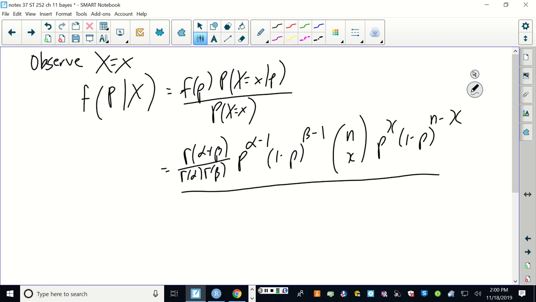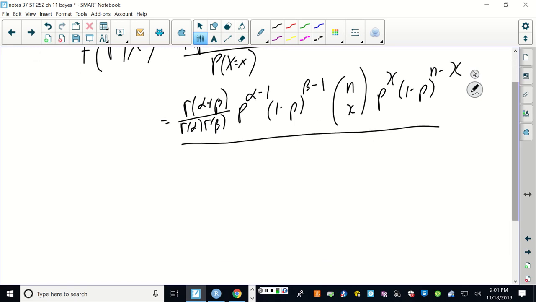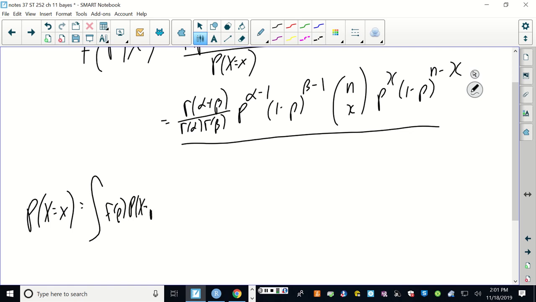Of this thing, right? These get a little bit longer to write out, but it works out. The denominator is that same thing, but you integrate out p. The probability that x equals something is going to be the integral of f of p, the probability that x equals x given p, dp. I'll rewrite that.